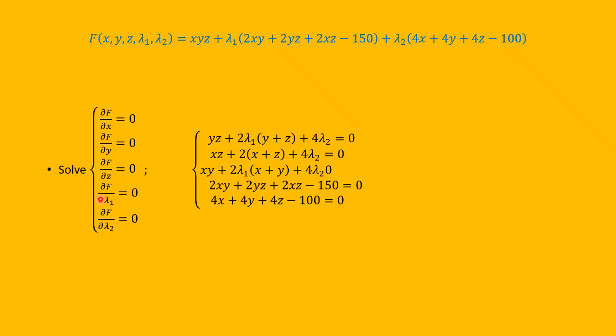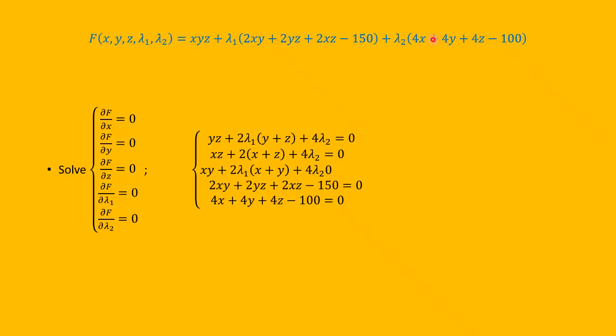When we look at the equation, the partial of F with respect to lambda 1 equals 0, this term doesn't have lambda 1 in it, so its derivative is just 0. This one, if you differentiate it with respect to lambda 1, you're just going to get 2xy plus 2yz plus 2xz minus 150, and that's this stuff right here.